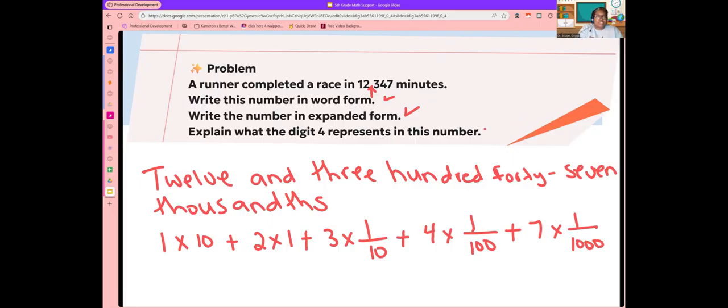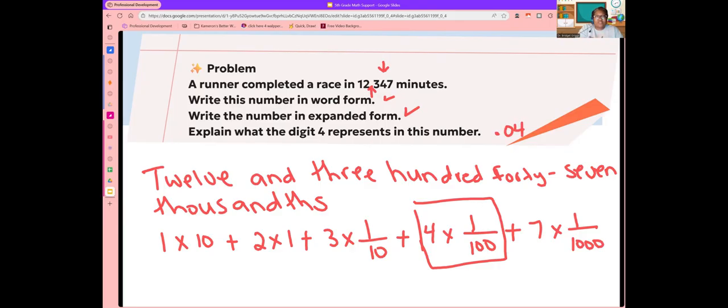Now, our final question is explain what the digit 4 represents in this number. Well, the 4 is in the hundredths place. So this is telling us that this has a value of 4 hundredths. If we were just to write the 4 hundredths by itself, then that would look like this.